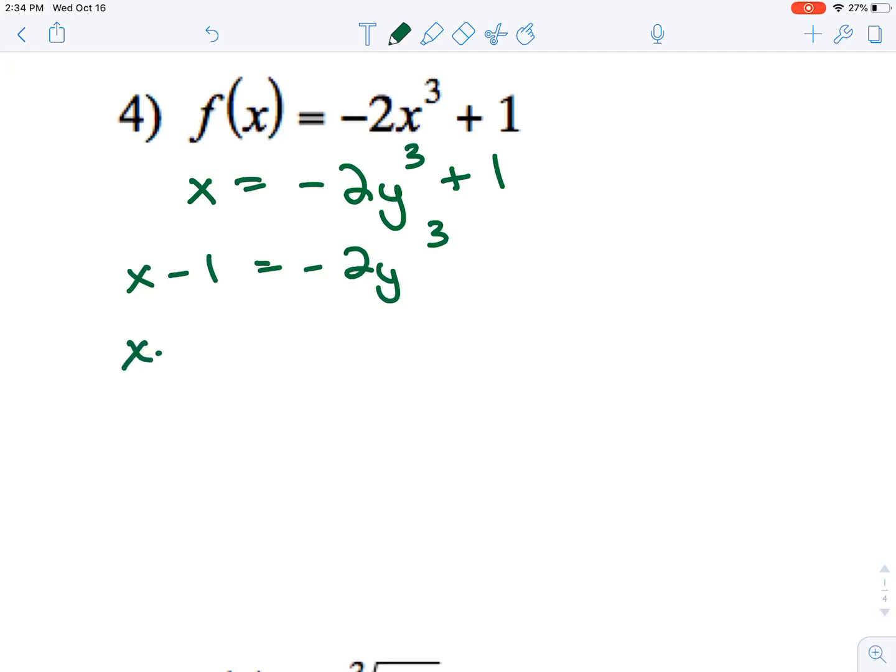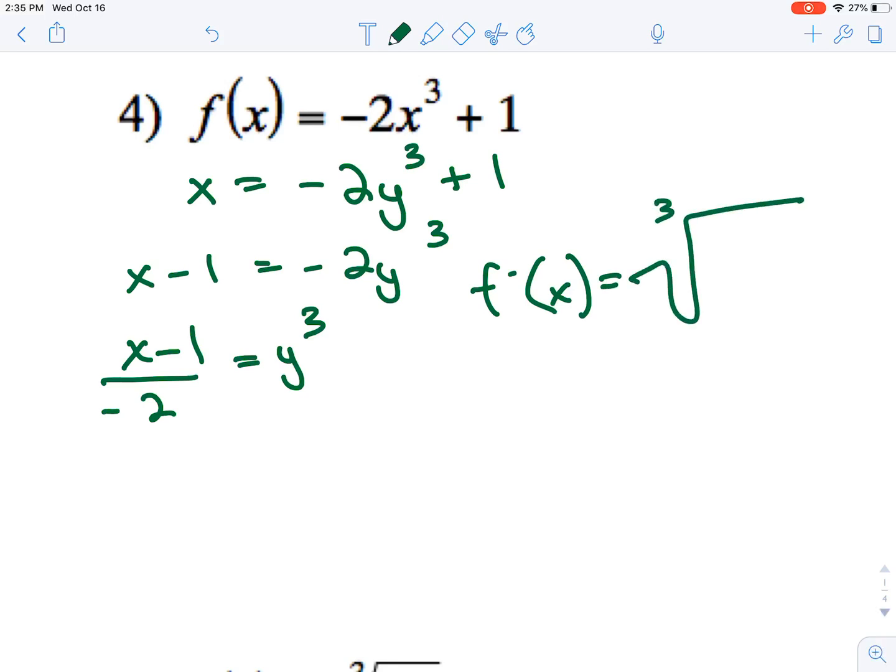So that's going to give me x over 1 divided by negative 2 is equal to y to the third power. And then I'm going to take the cube root of both sides. So the inverse of x is going to be equal to the cube root of this.